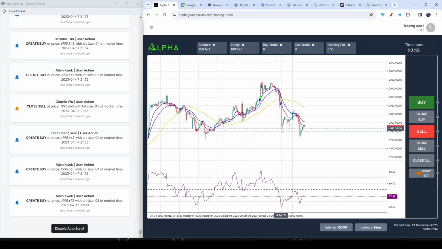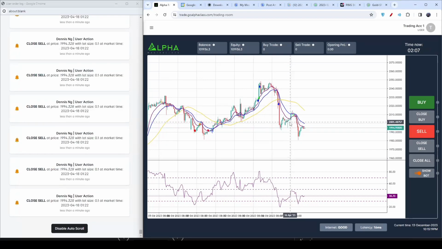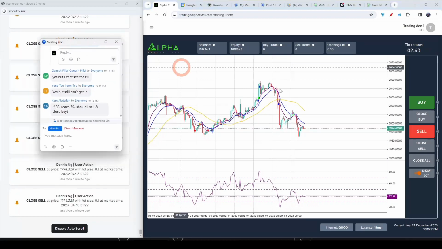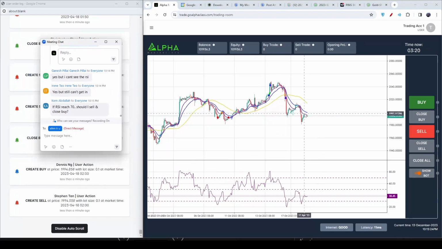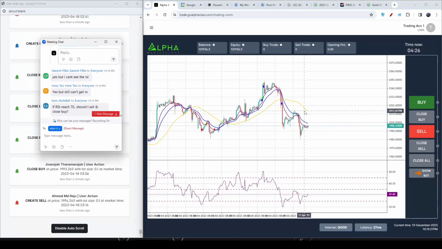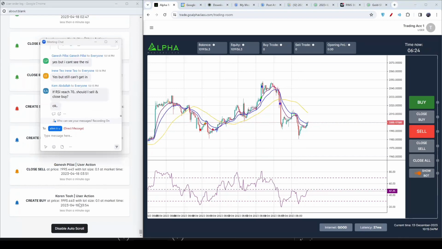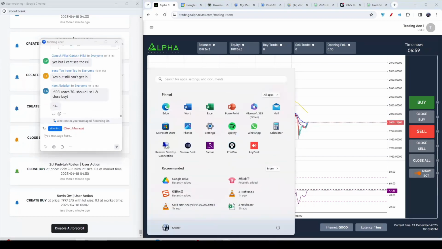It's always like that. If it reaches 70, should I sell or close buy? You just close buy, because the entire market trend right now is still upside. So focus on buying, and focus on holding the trade as long as possible.